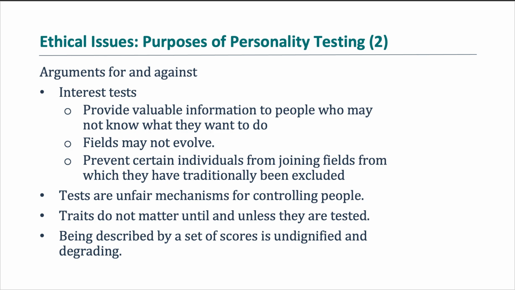Like, for example, I know that ENTPs, which is extroverted, intuitive, thinking, perceiving, which is part of the Myers-Briggs, which has its own limitations. But the Myers-Briggs ENTPs often are what we call the debaters.